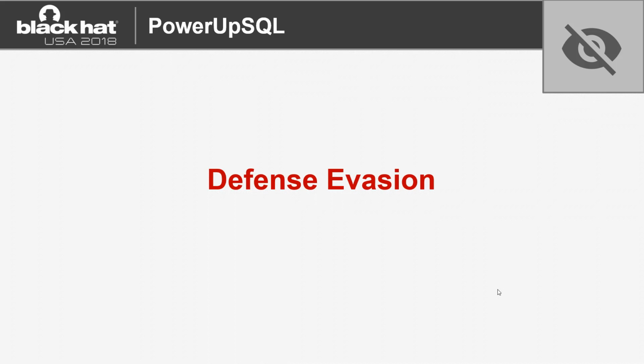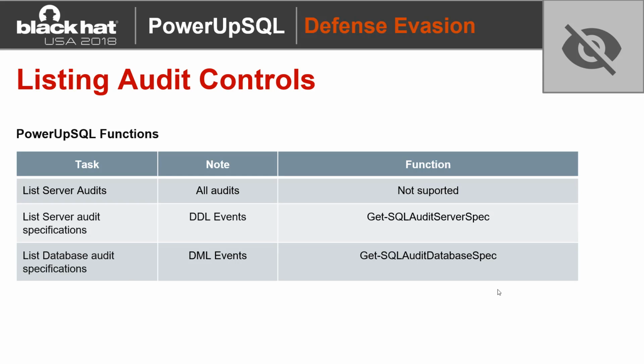If you're on a real red team engagement where you're trying to avoid detection, you usually want to avoid tripping alarms. So I did create a couple functions for looking at the standard ways people audit. There are server audits and database audits. As the names imply, the first is going to give you a list of things that operate at the server configuration level, and this one is going to give you things that operate at the database level from an auditing perspective, so DDL and DML events.